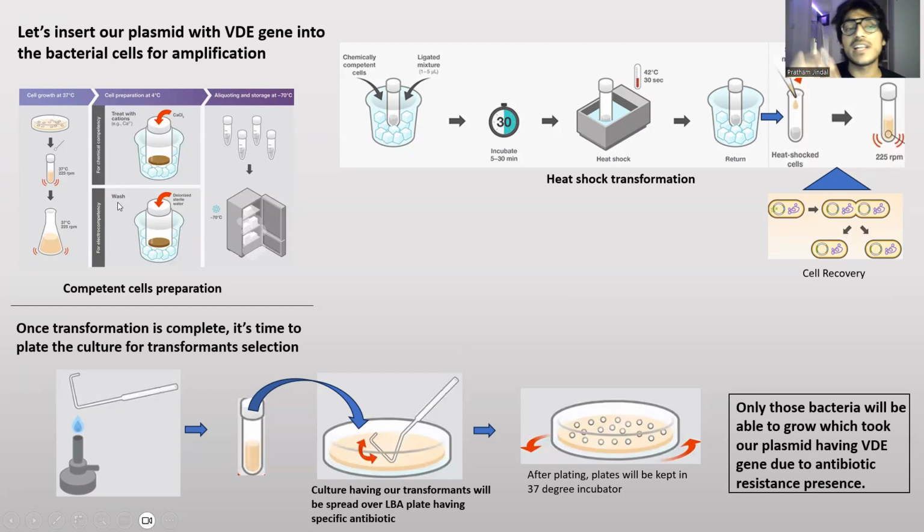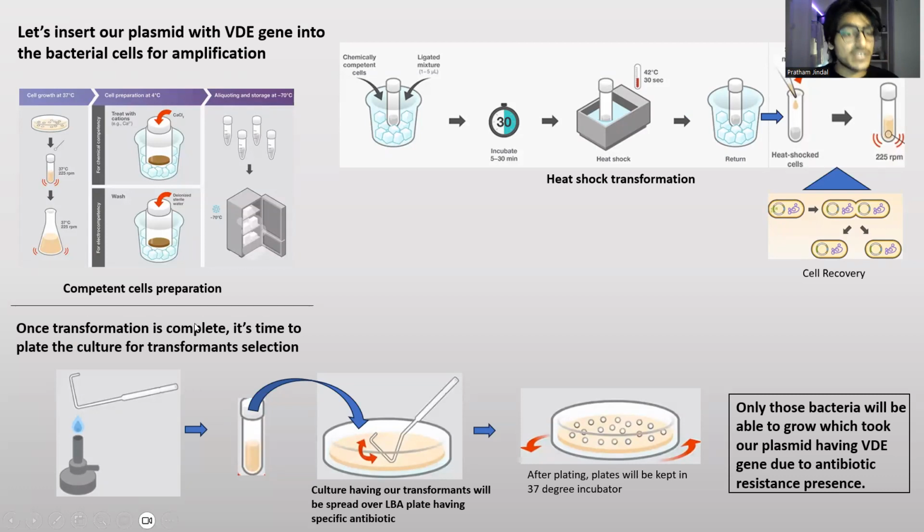Competent cells are cells treated with chemicals so that they gain the efficiency of taking up DNA present in their surroundings. We take the prepared competent cells and mix in our BP reaction product. Then we incubate for 5 to 30 minutes, give a heat shock at 40 degrees Celsius for 30 to 60 seconds, and return them to ice. Then we add SOC medium, which is required for the growth of the bacteria, and put it in the incubator for an hour at 225 RPM. Here the cells replicate.